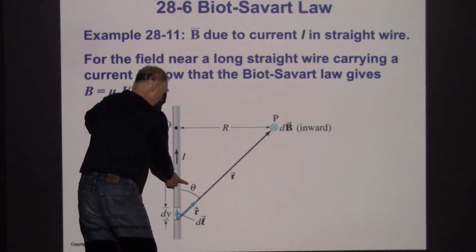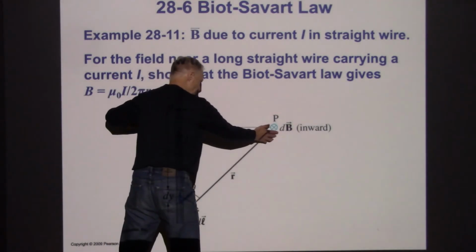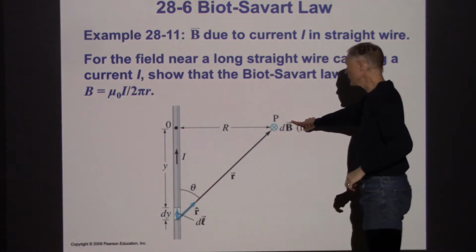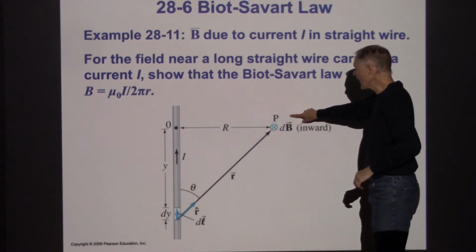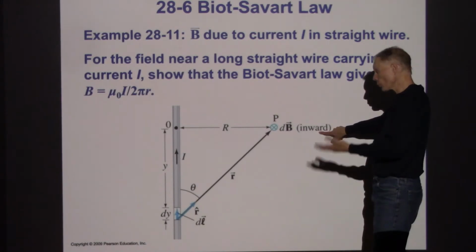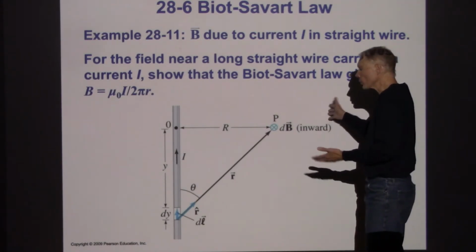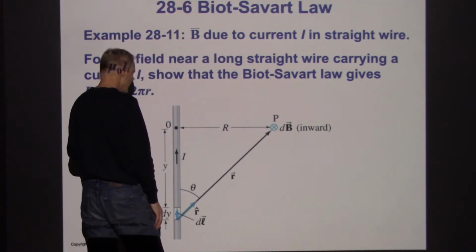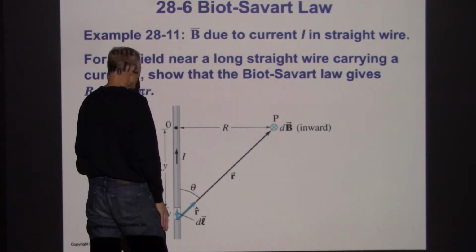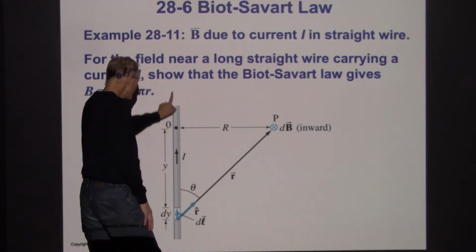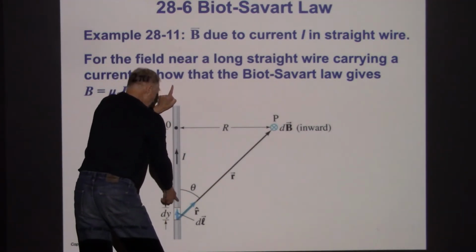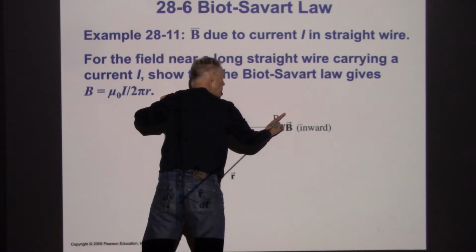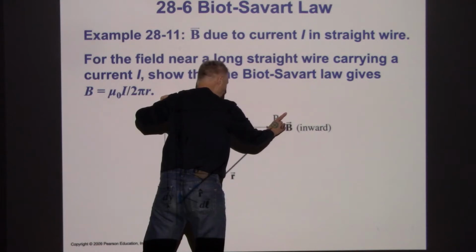Here is the angle, so that theta goes into my formula. And then what I'm getting is a little bit of magnetic field. Now the magnetic field I have here is going to be into the board. Why is that? Well, it's because the magnetic field is going to be in the direction of dV cross r. The current is going in this direction, so this is the direction of the velocity, but this is the direction of r.